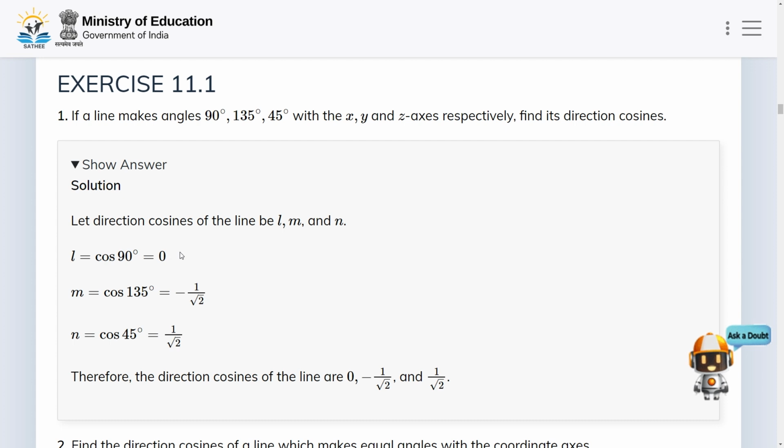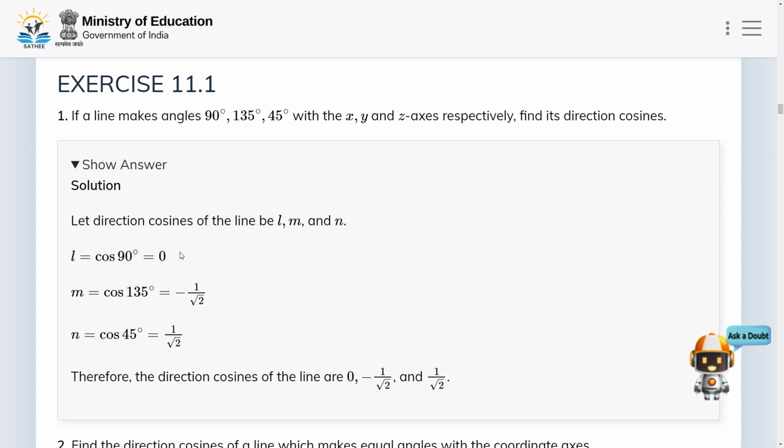So cos 90 will be what? 0. Cos 135, how can you find the cos value of 135? It is from the trigonometry chapter. You will be able to easily find out this value. How? 90 plus 45 is 135. You know the value for cos 90.